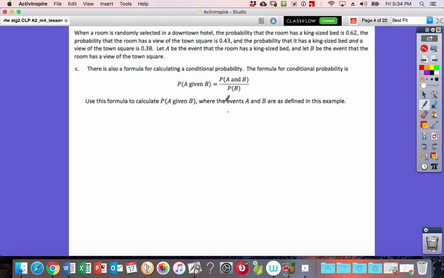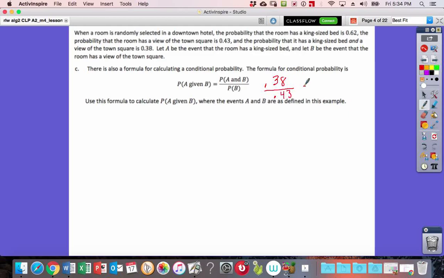The formula for a conditional probability is, if you have the probability of A given B, you take the probability of A and B and divide it by the probability of B. And they gave us this. They told us the probability of A and B is 0.38, divided by the probability of B, that it has a view.